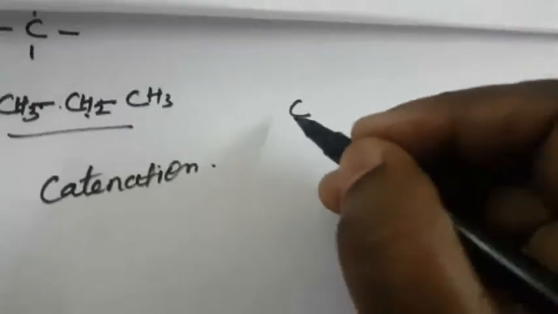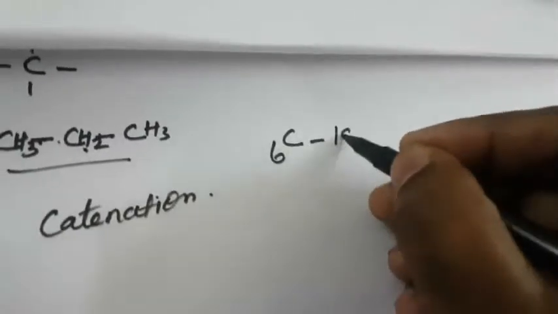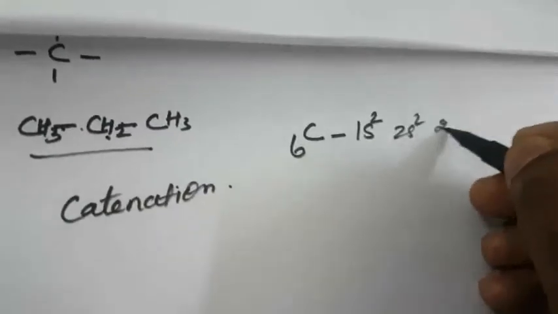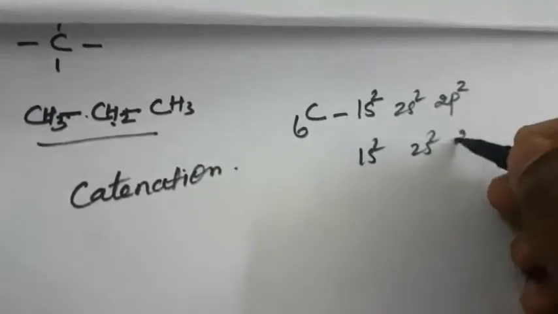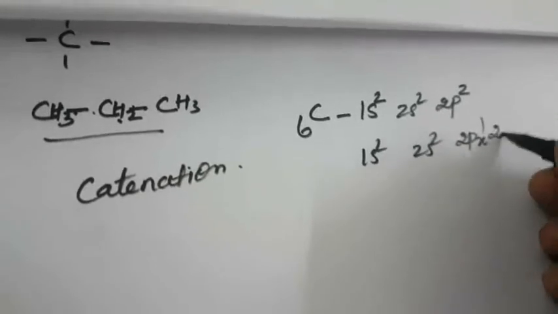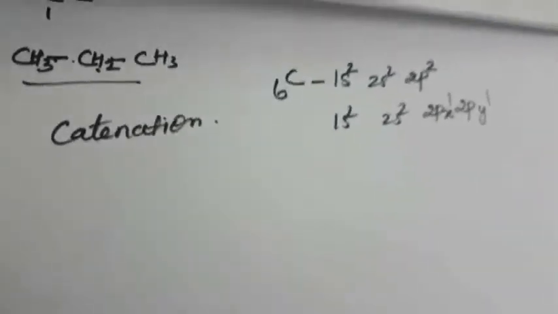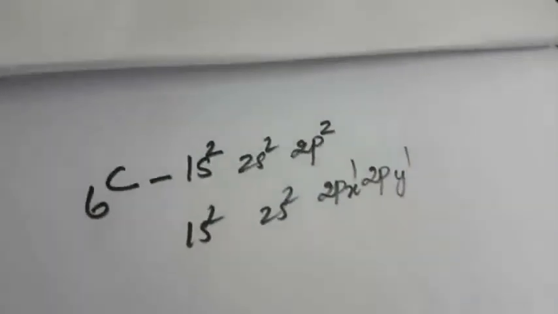The atomic number of carbon is 6, right? The electronic configuration is 1s2, 2s2, 2px1, 2py1. This is the electronic configuration of carbon.